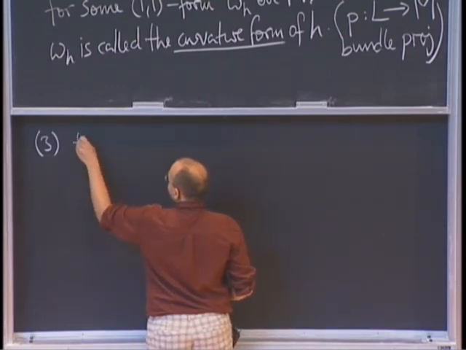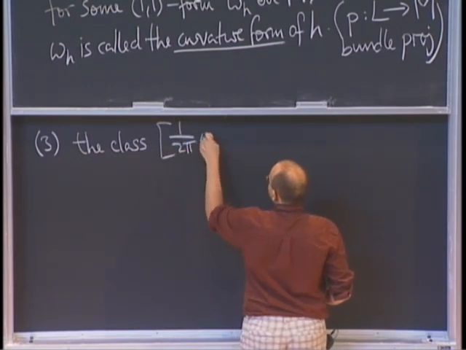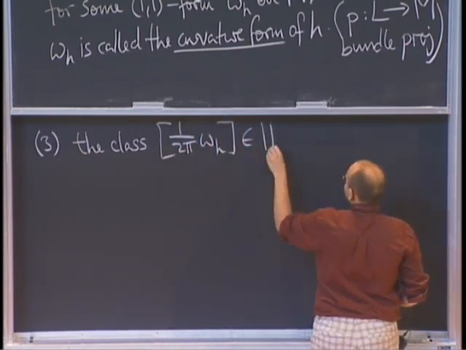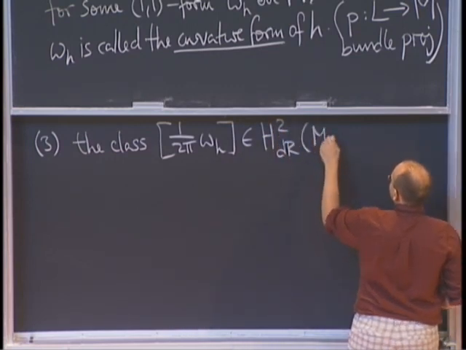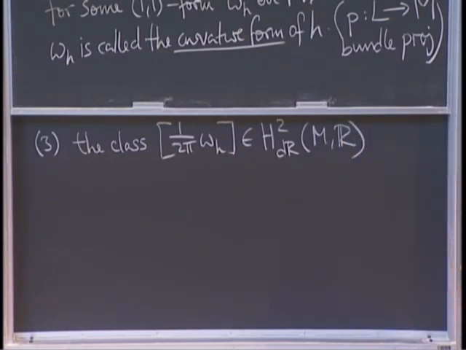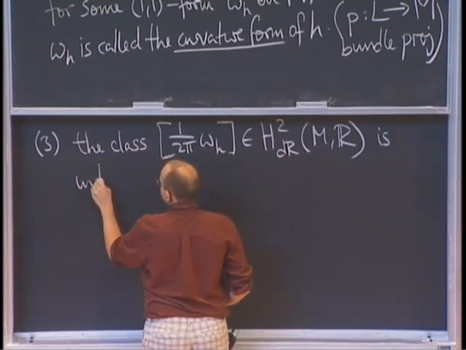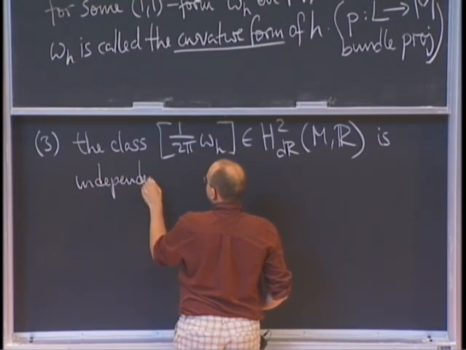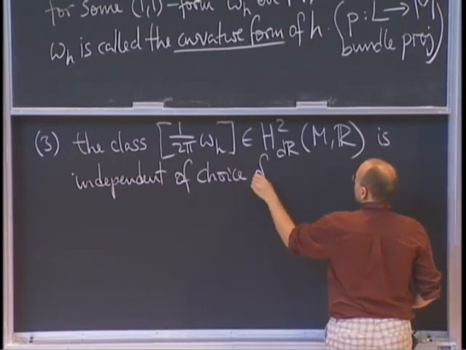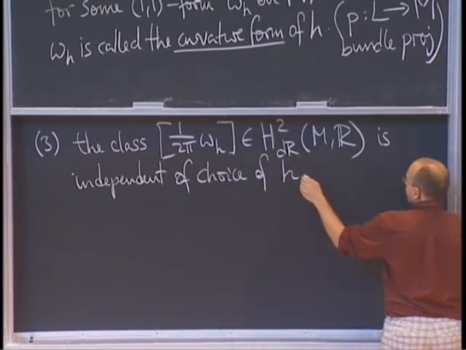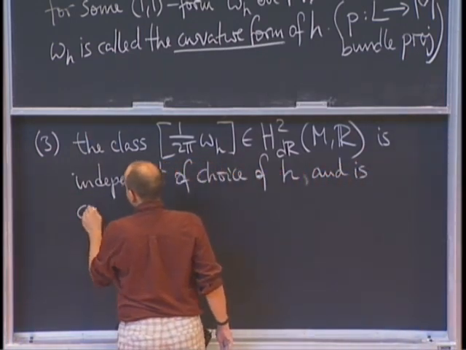So the class 1 over 2 pi times the curvature form, I'm claiming that as a class in de Rham cohomology, is independent of the choice of H. It's called the first Chern class of the bundle.